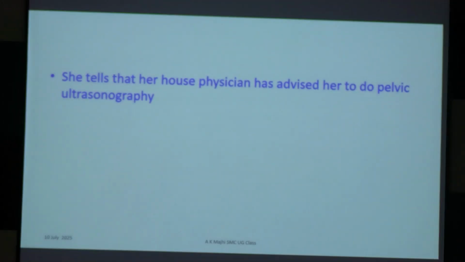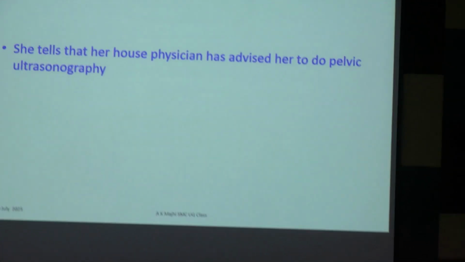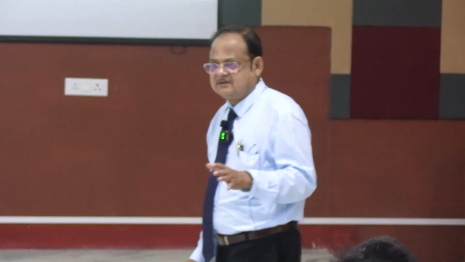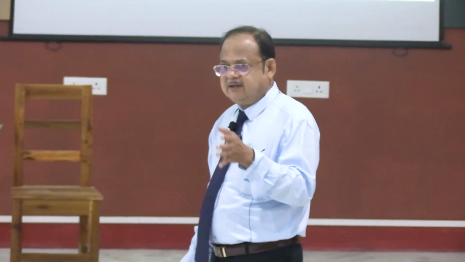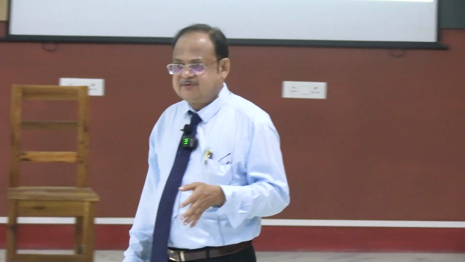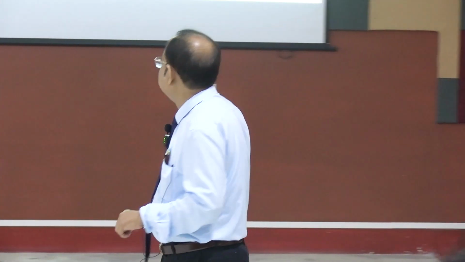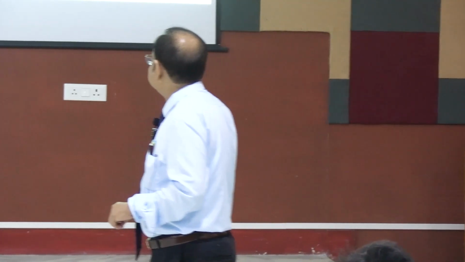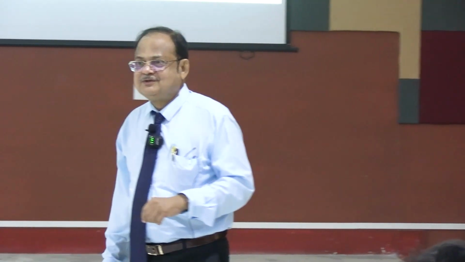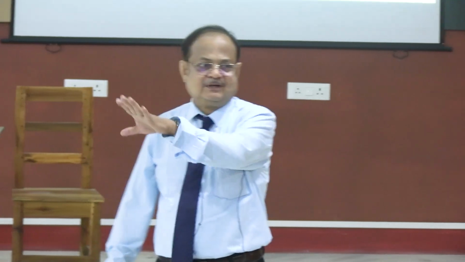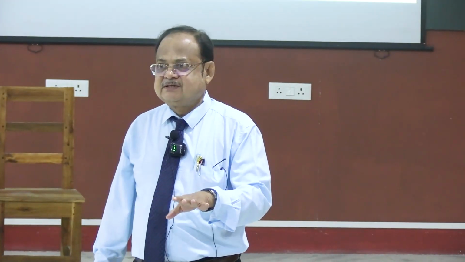She has consulted her house physician, who advised her to do a pelvic ultrasonography. This is a very common thing. The majority of USG reports at this age will say there is a polycystic ovary, which may not be the syndrome, just the polycystic ovary.